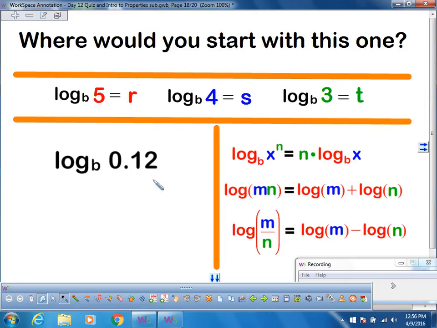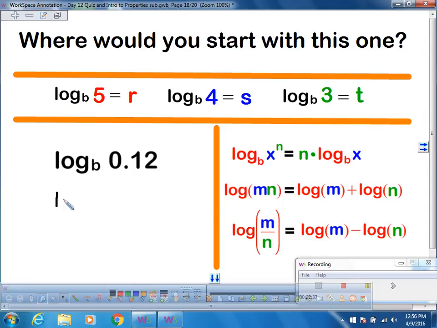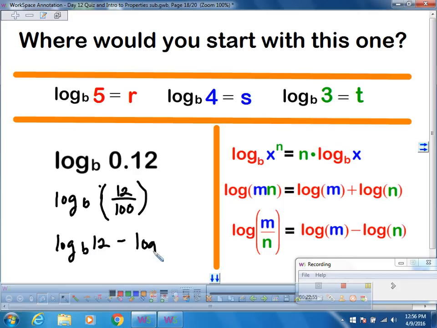Okay, let's look at this one. Log b 12 over 100. I'd like to rewrite it that way. We've got a quotient property, so that becomes log b 12 minus log b 100.